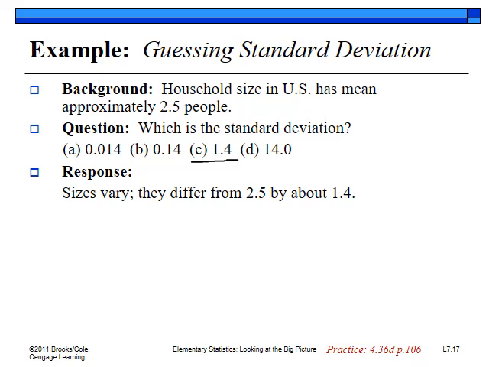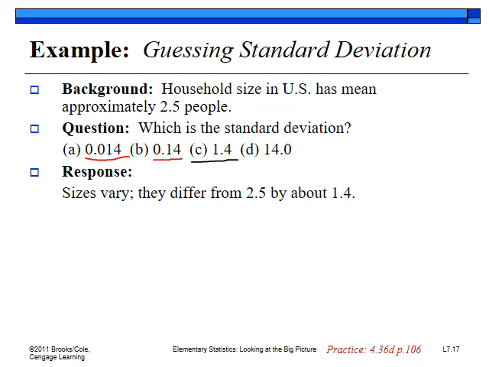The reason why is we expect the household size to be about 2.5, give or take how much? But the first option, 0.014, if you go up and down from 2.5 by that much, you're still very close to 2.5. There are plenty of households that have more than 3 or fewer than 2 people living in them.